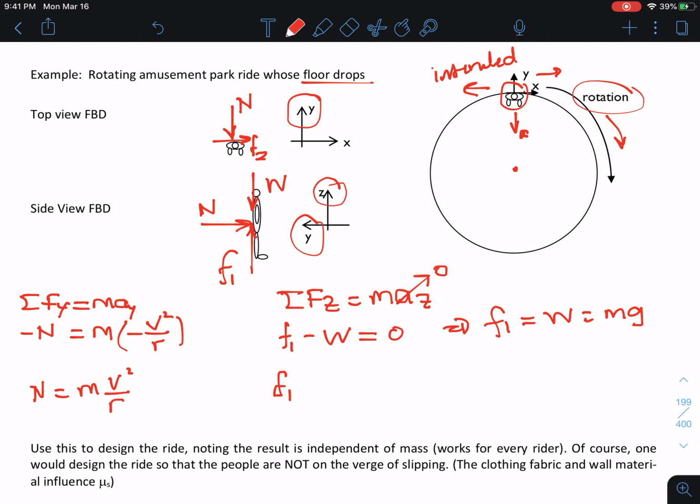If the person is on the verge of moving, then this friction would be static maximum. First of all, the person is not moving, right, relative to the chamber wall, so it is going to be static friction for sure.